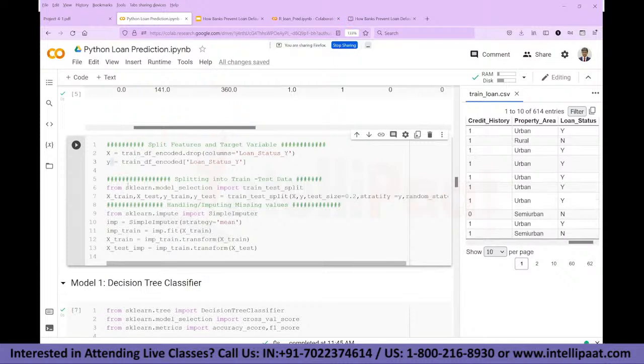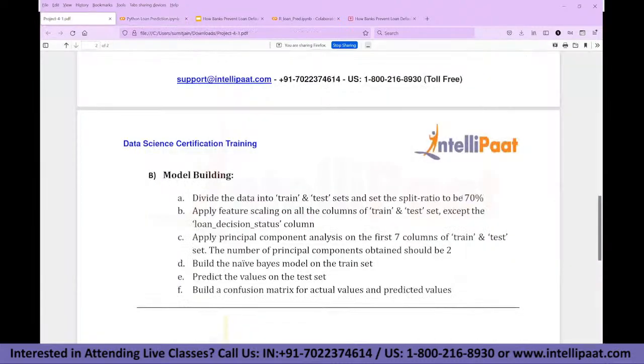So this is what is happening here. X train, X test, Y train, Y test, using train test split, X comma Y. Test size is 0.2. What is 0.2? This is the 30% that we were talking about. 70% is the split ratio, that means 70% is train and 30%, or 0.3, is test. In this case, I'm taking 0.2 as test.